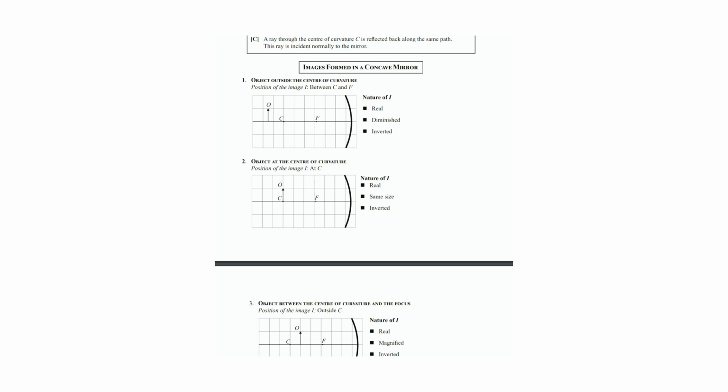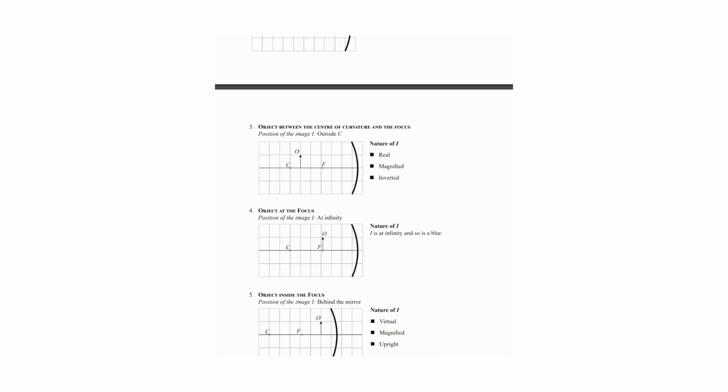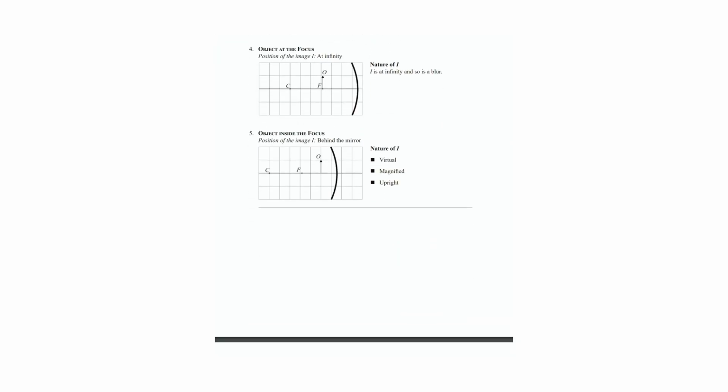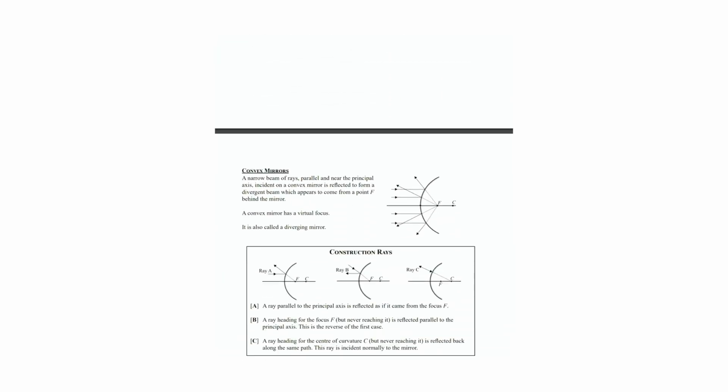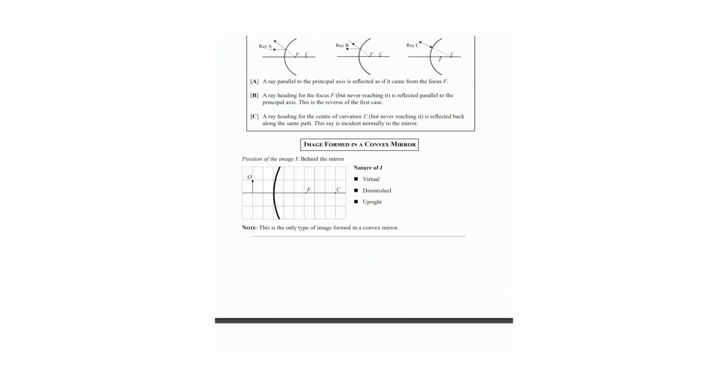Know them really well. How will they ask the questions in the exam? They might say something like, draw a real magnified image in a concave mirror. They might say, draw a virtual image in a concave mirror. They might say, draw an image in a convex mirror. They don't have to specify what kind of image because there's only one kind of image that you have to draw.